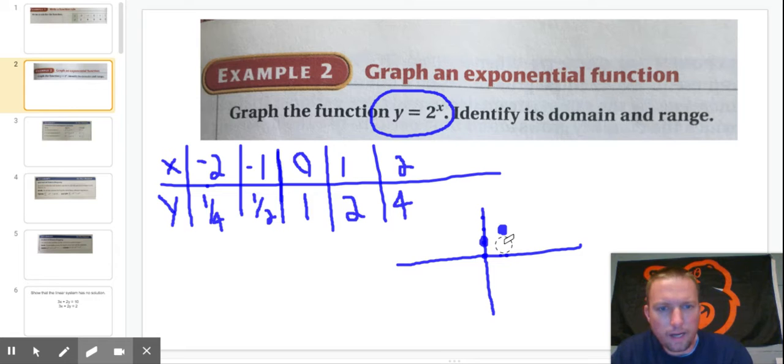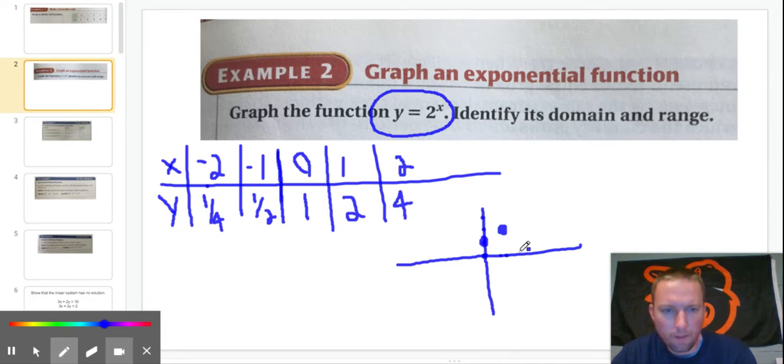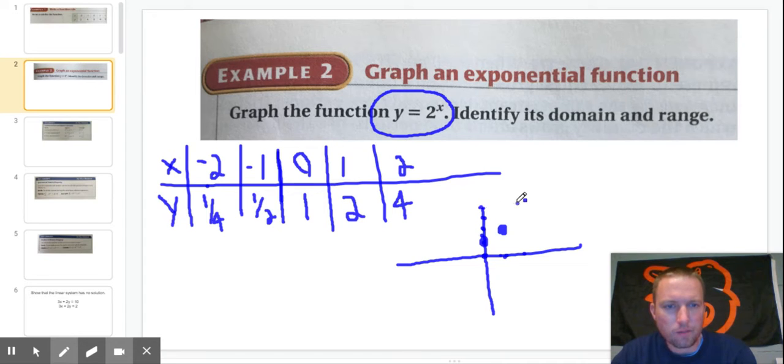So that would be 1, 2. My next one would be 2, 4. I go over 1, 2, and up 1, 2, 3, 4. I know this is hard without graph paper, but it would go right about here. Hopefully you can get the picture. So this is 0, 1, this is 1, 2, this is 2, 4.